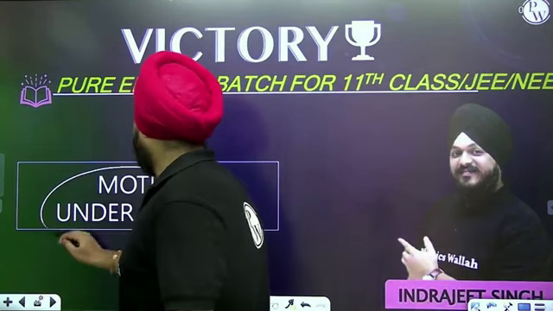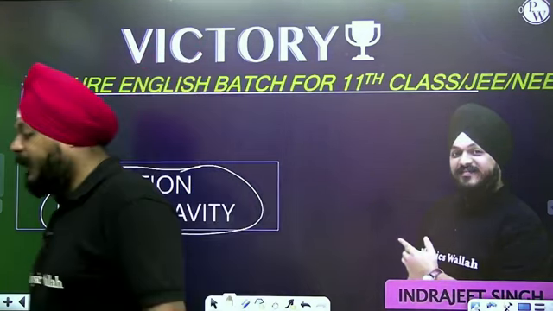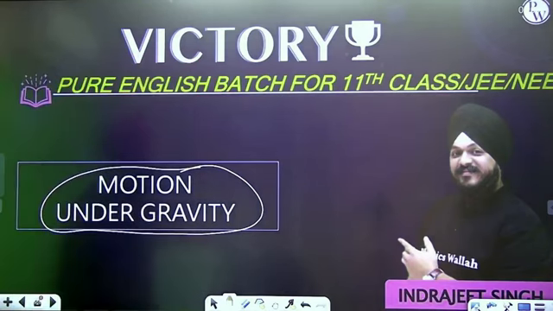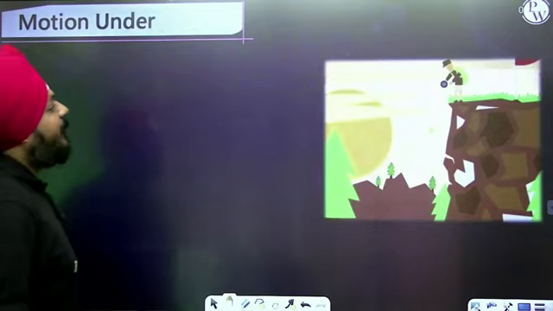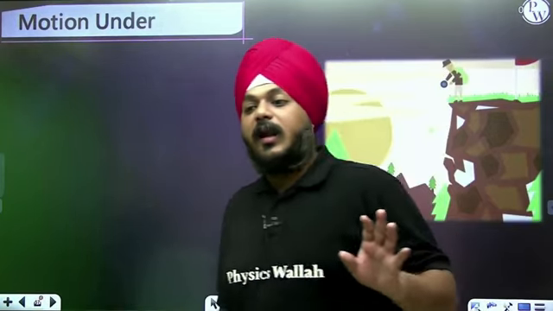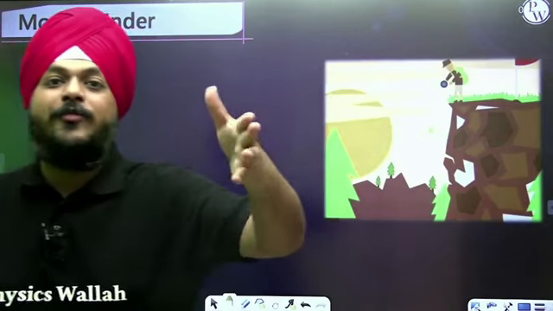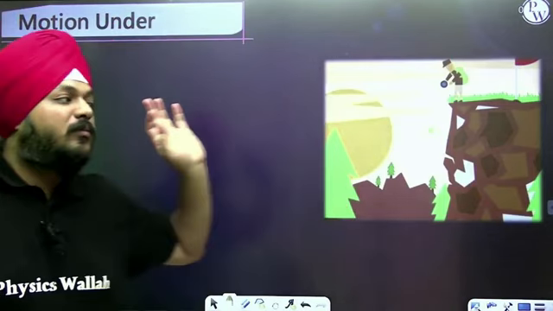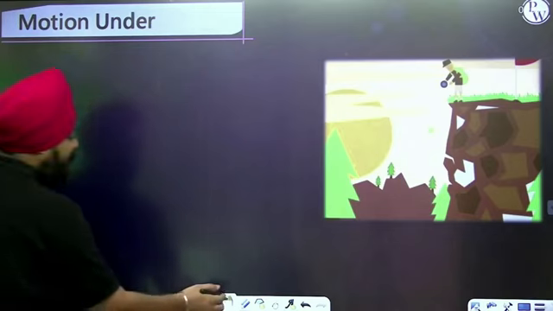Now let's move on to the motion under gravity case. Motion under gravity is quite simple. When an object is thrown or released from some height, what did Galileo state?